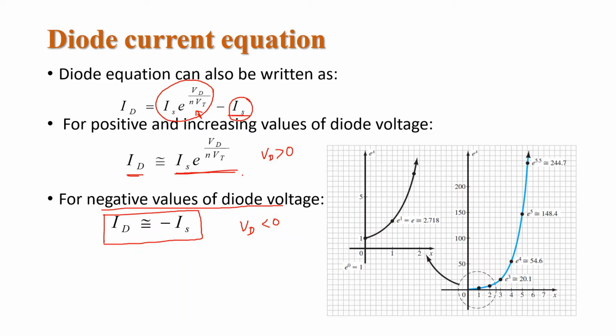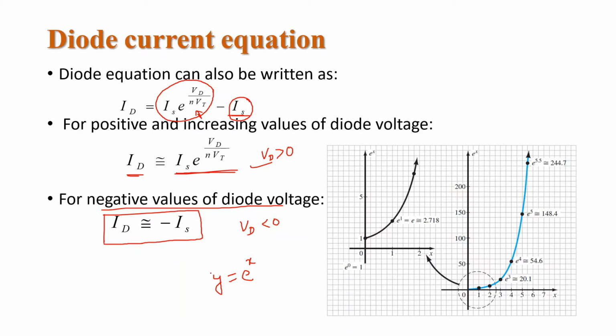You should give special attention to this case, that is forward bias, when VD is greater than 0. You can relate it to the relationship where y equals e to the power x.